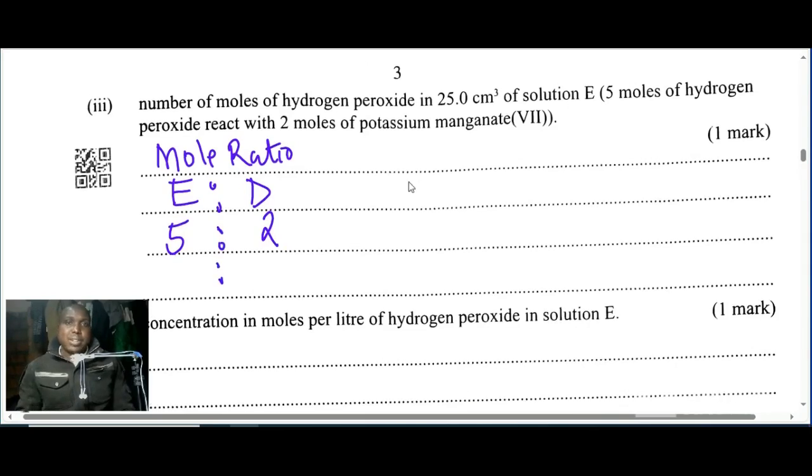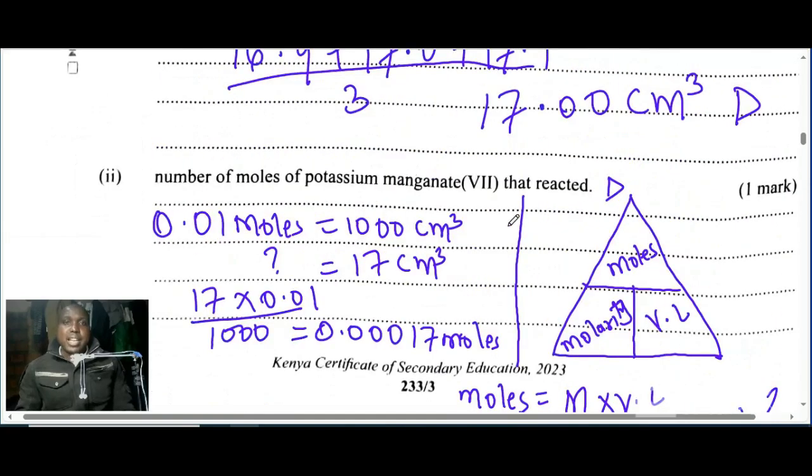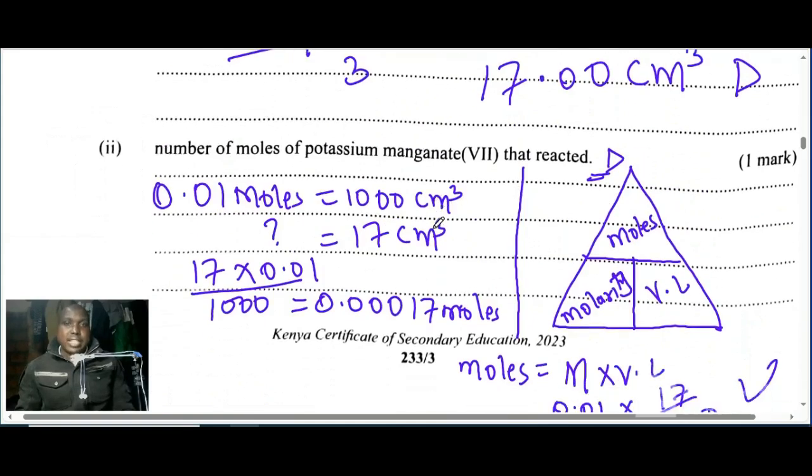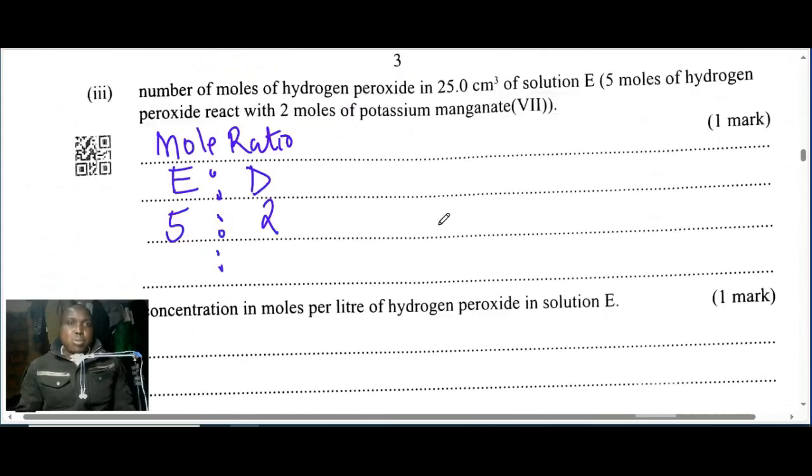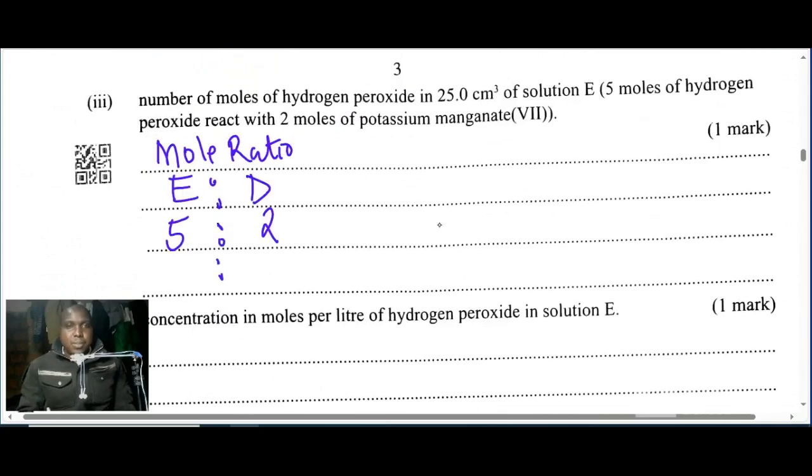But remember, we have the moles of D. What we have calculated above is the moles of D. Remember, permanganate is D. So what we have is the number of moles of D. Because we react with this ratio, we can get the number of moles of E in 25. So here, the number of moles is 0.00017. So we will ask here what will be the moles.